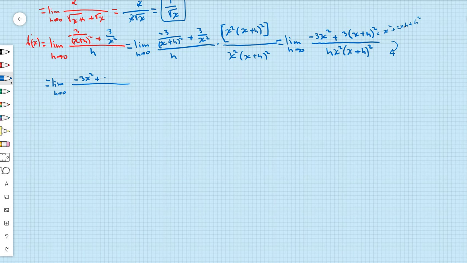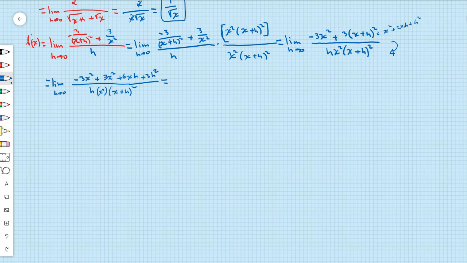So we'll have 3x squared plus 6xh plus 3h squared, right? And at the bottom we'll have h times x squared times x plus h, everything squared.